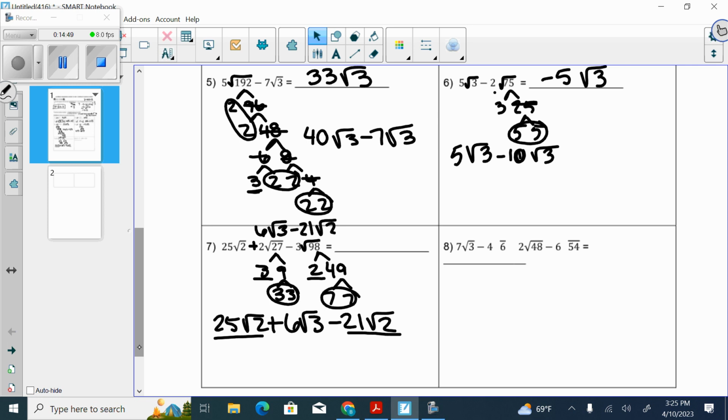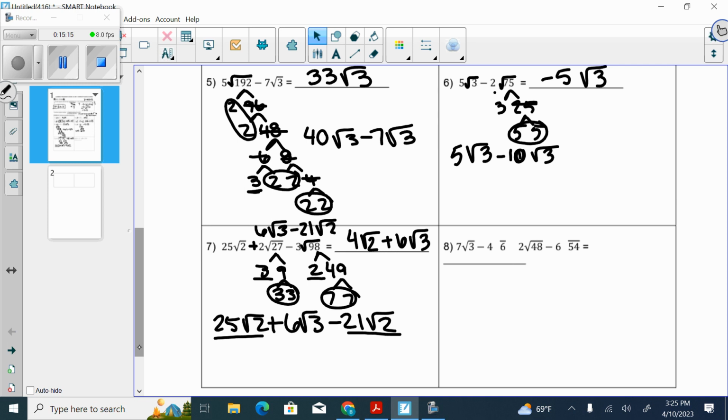Okay? So what is 25 minus 21? 4. So we're going to have 4 square root of what? Good. And then do we have anything that doesn't have a match? So what are we going to have to stick on the end? 6 square root of 3.